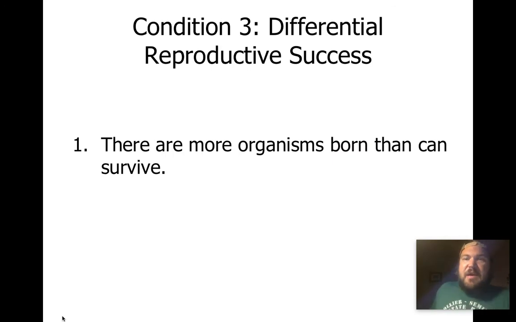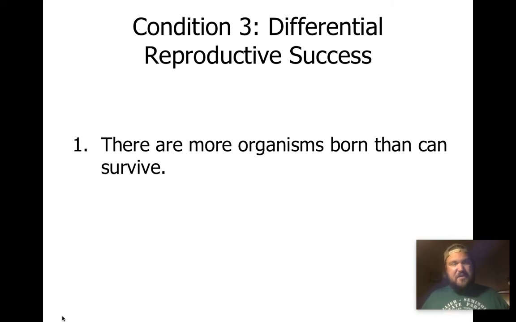Finally, as I keep mentioning, there has to be differential reproductive success. And that just means that some organisms leave more offspring than others. Another way of thinking about that is that some organisms pass on more of their genes than others. And that's really the goal of organisms.